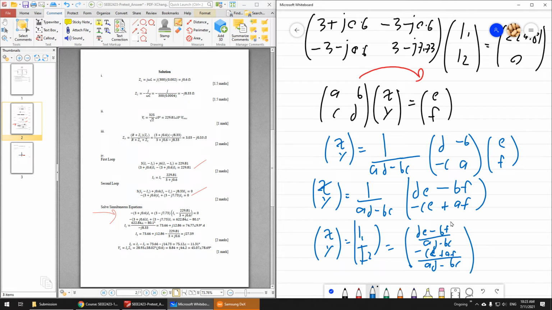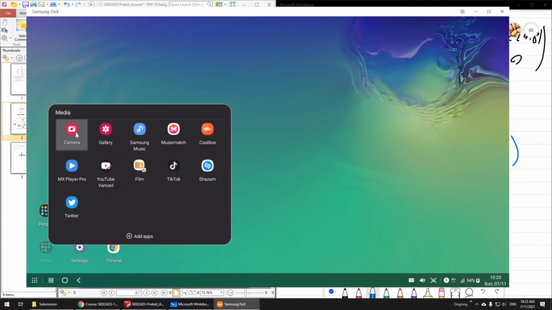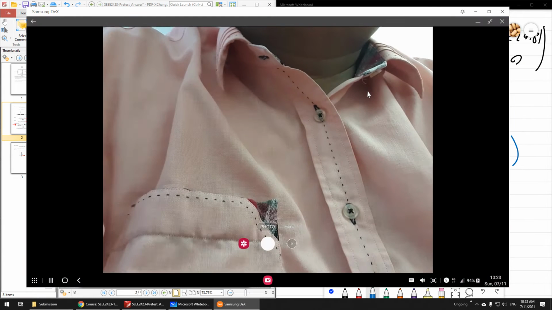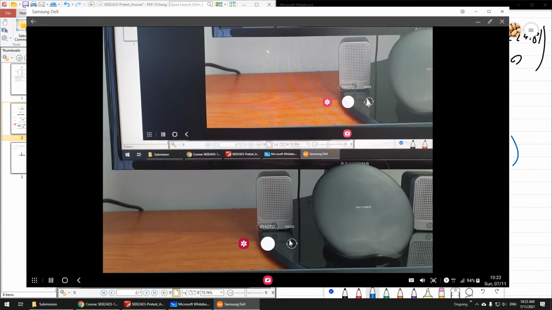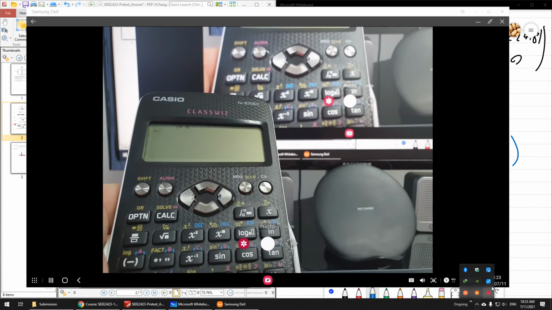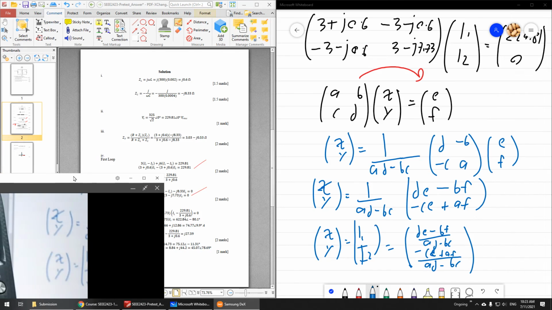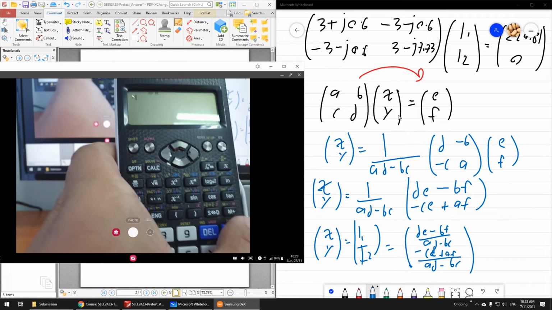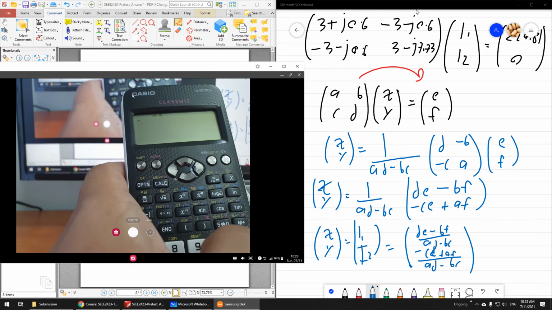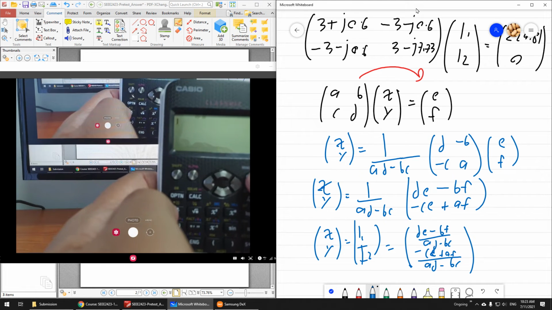So now I will show you the calculator and the store function. Here I open it. Make sure you are in complex mode.